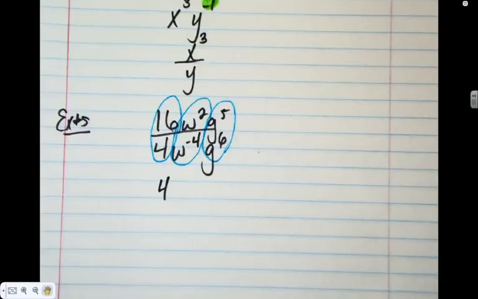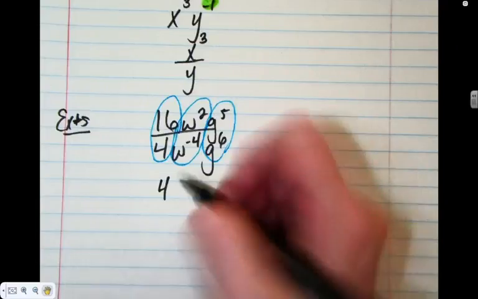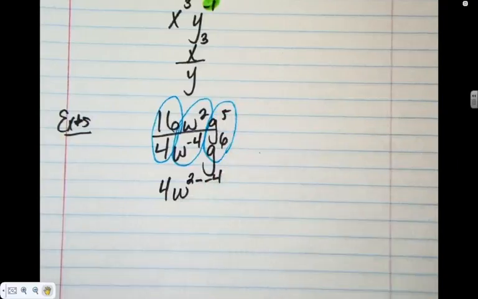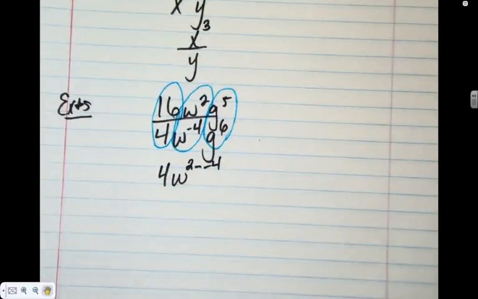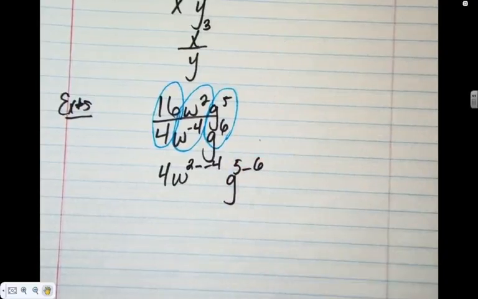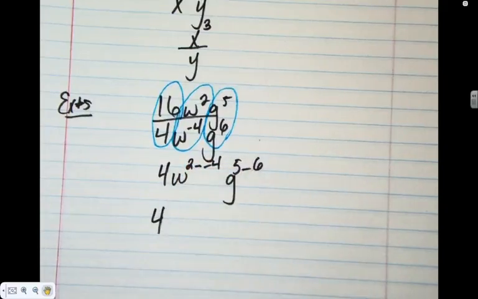Division law says that when I'm dividing bases, what do I do with the exponents? Again, I'm going to write it out step by step. We're going to have 2 subtract negative 4. For the g, we're going to have 5 minus 6. So 4 is going to stay in front, haven't touched it.